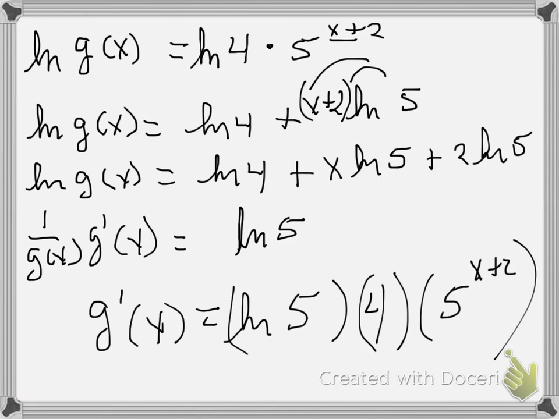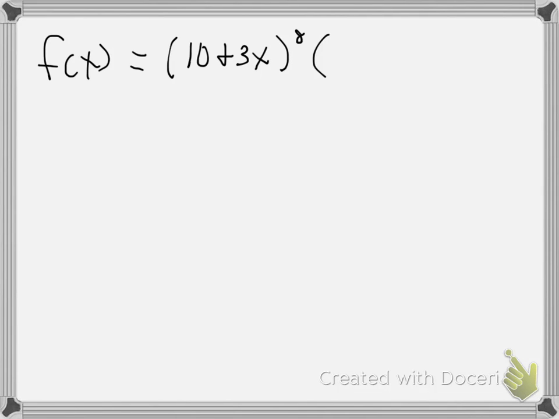Okay, and let's take a look at one last one here. f of x equals 10 plus 3x raised to the 8th power times 8x minus 9 to the 4th. I'm going to take the natural log of each side.